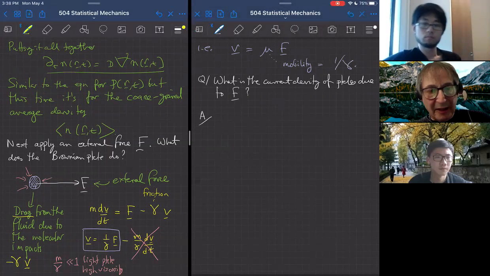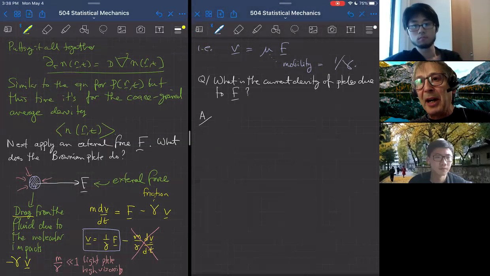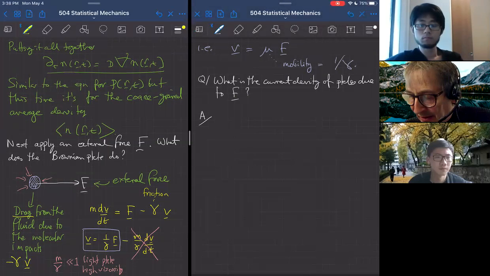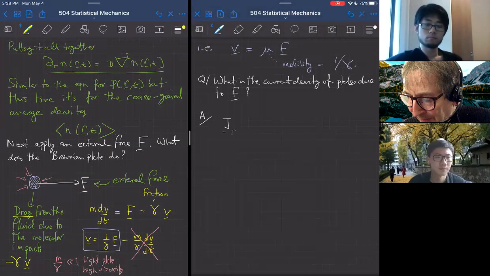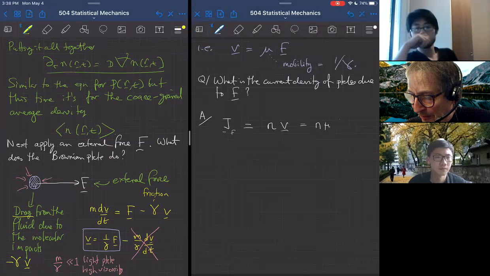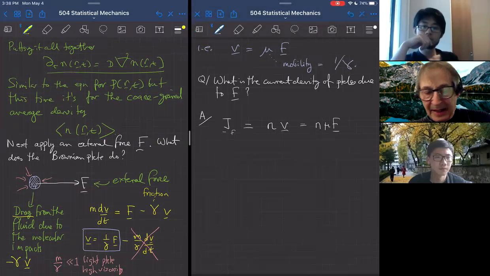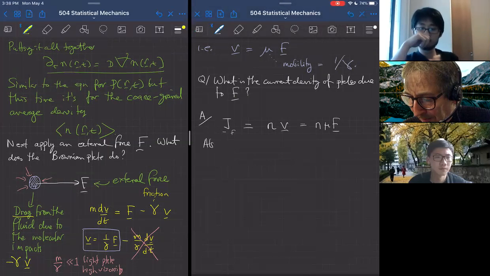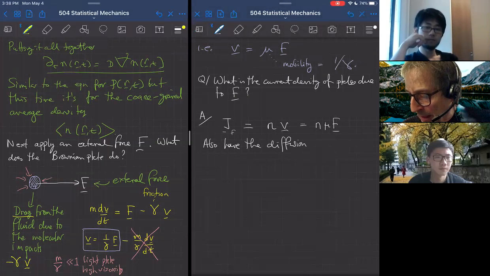So the answer is, if I've got a density of particles moving with velocity v, then we know that the current is just going to be the density times the velocity, which means it's n times mu times f. There's also the diffusion coefficient, so we also have the diffusion current, like we had before.